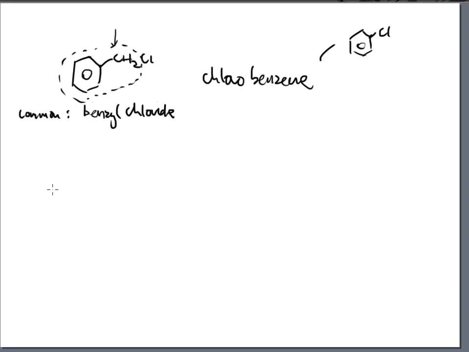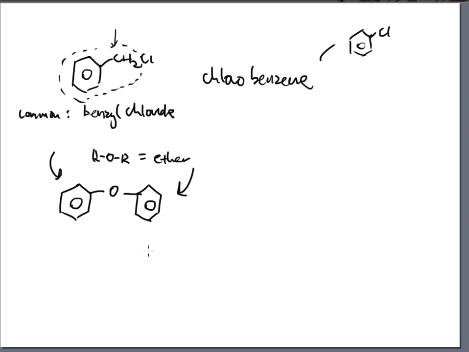All right, so let me give you another example. Let's say that we have a benzene group here, and that is directly attached to an O, and that is on another ring. All right, so how would we name this? Well, back in Orgo 251, you learned that ROR was called an ether group, right? So this is an ether structure. Well, how do you name ethers? You name the thing over here and you name the thing over there.